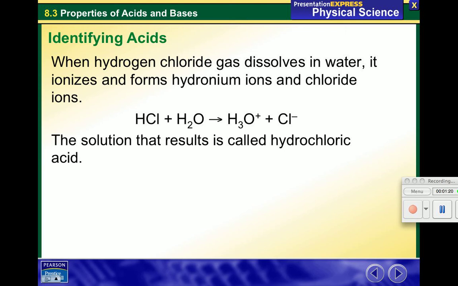So if you notice, water with one more hydrogen is H3O, that's the hydronium ion. And then the chlorine, this other part that dissociated from the hydrogen, is just left by itself there, okay? So anything that dissociates and forms a hydronium ion is called an acid.